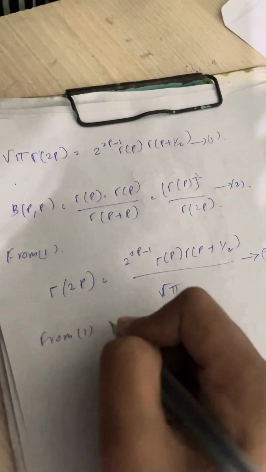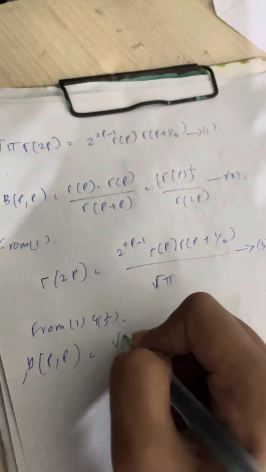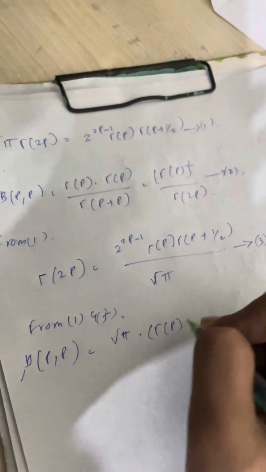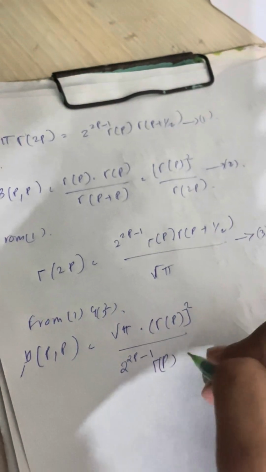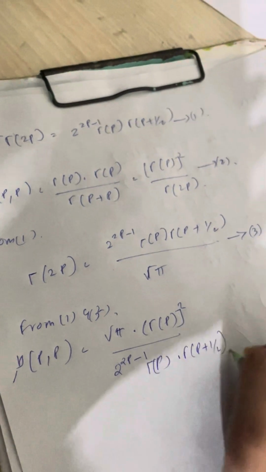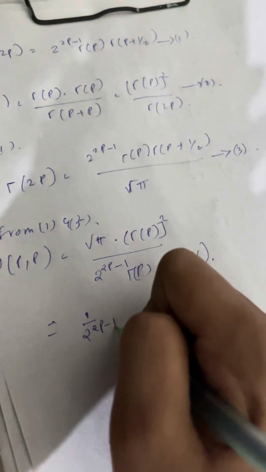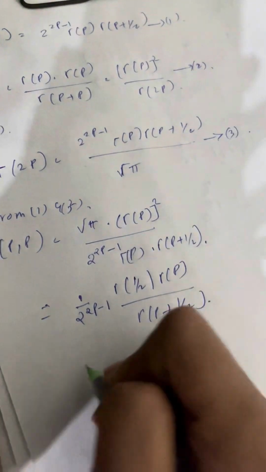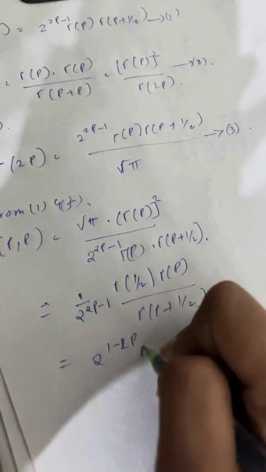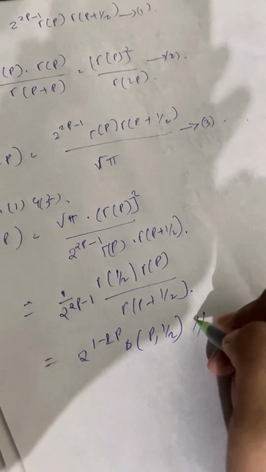From equations 2 and 3 we get that beta of p comma p is equal to root pi into gamma of p whole square by 2 raised to 2p minus 1 gamma of p into gamma of p plus 1/2, which is equal to 1/2 raised to 2p minus 1 into gamma of 1/2 into gamma of p by gamma of p plus 1/2, which is equal to 2 raised to 1 minus 2p beta of p comma 1/2. This is the first equation.